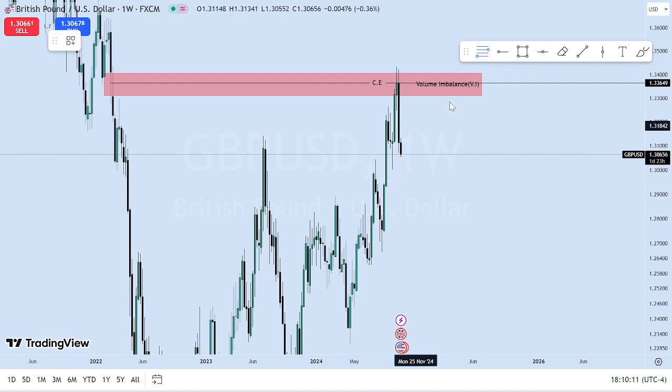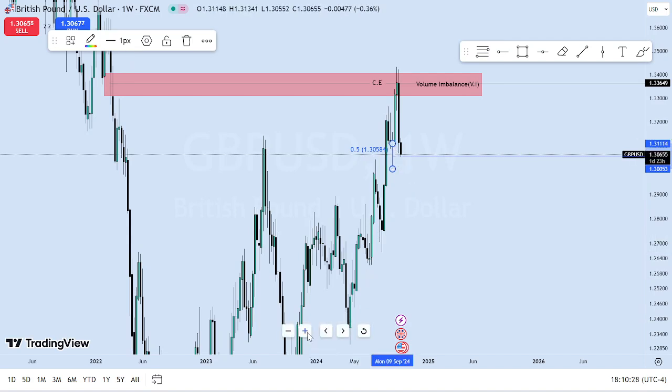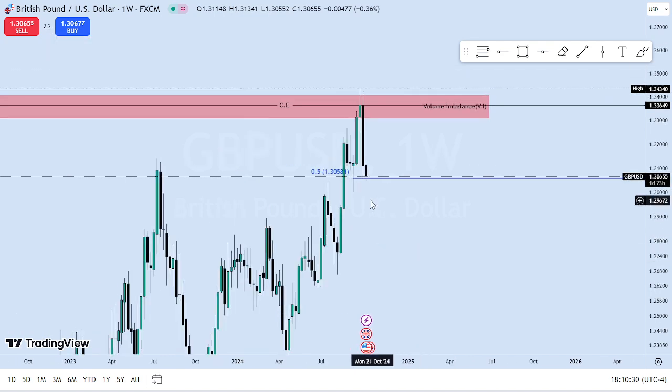To measure half of it, use Fibonacci. You anchor from the low of the wick to the candle open, where the wick stops, to get 50%. That's where we traded to. The half of it is standing as a major support level, discount area.